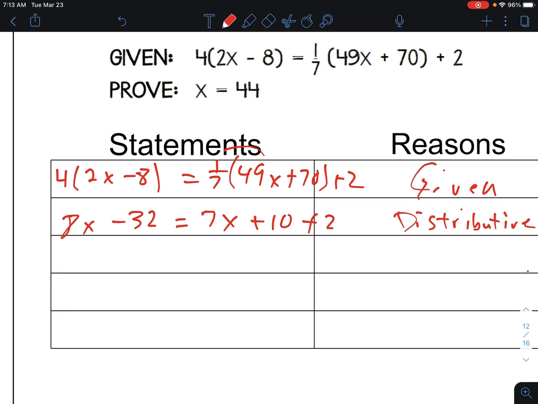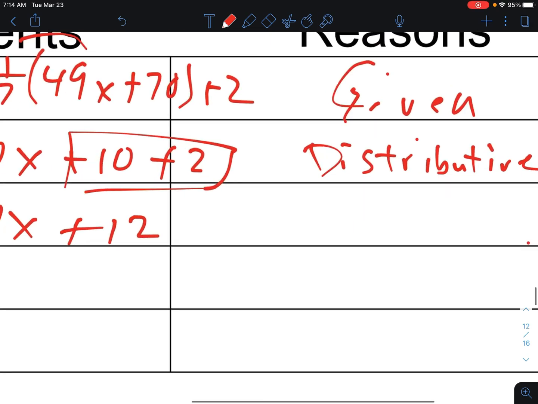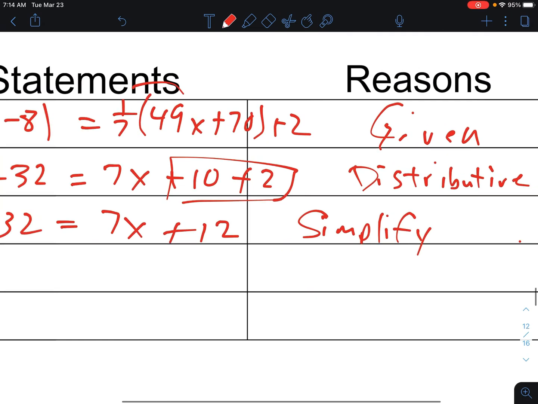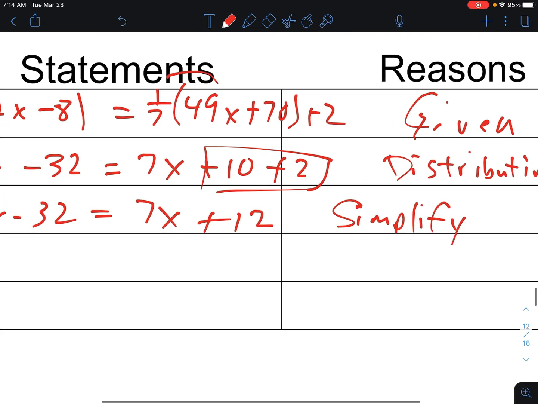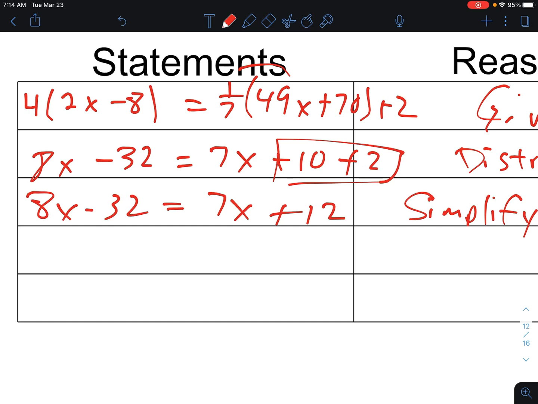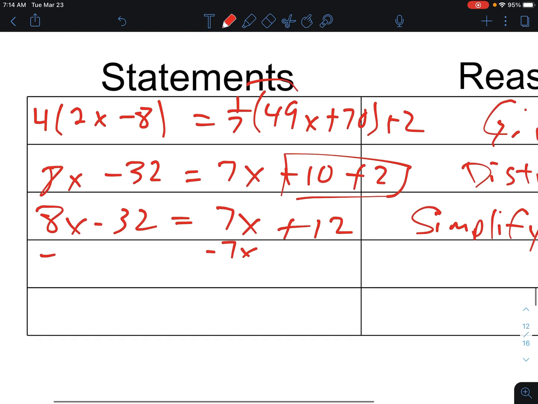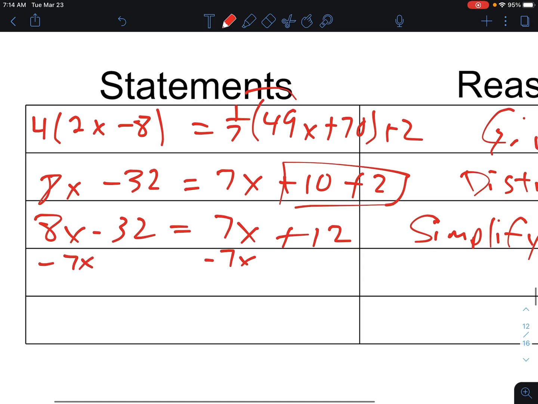Now what would you do? Well, I would collect my like terms. 2 plus 10 is 12. Now, you can also use this word too, because all you did was simplify. That's what you're doing when you combine like terms, you're simplifying things. And then I'd subtract 7x. And get x minus 32 is equal to 12.